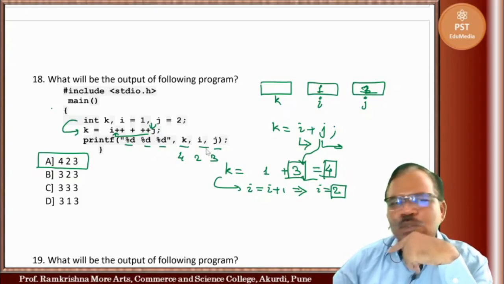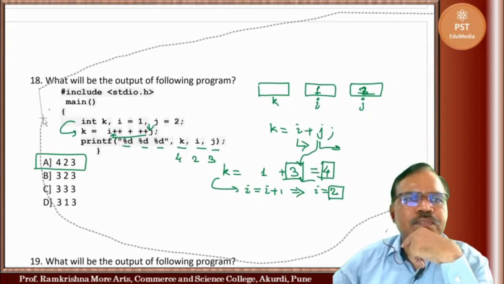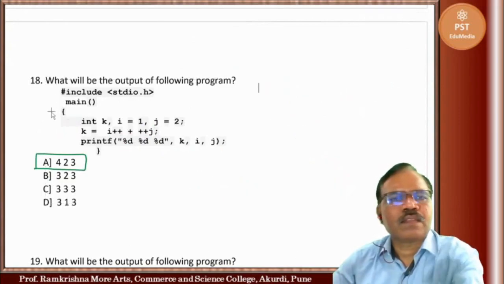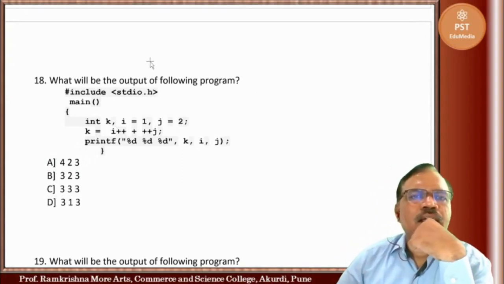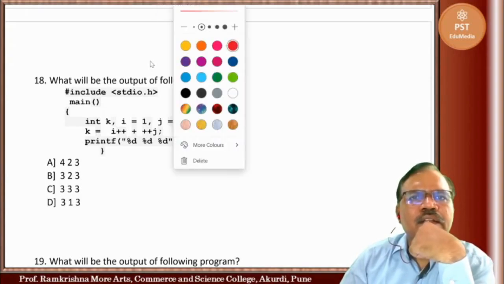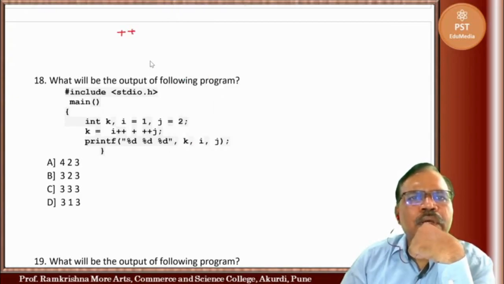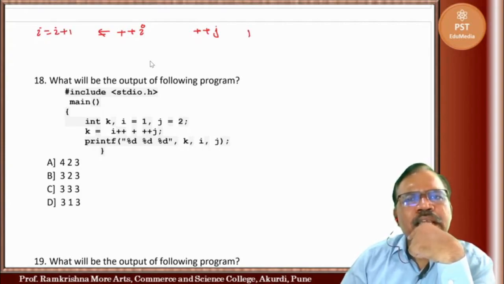What happens here? See, if we take plus i or plus j, what is the meaning of plus i? i is equal to i plus 1. What is plus j? j equal to j plus 1.